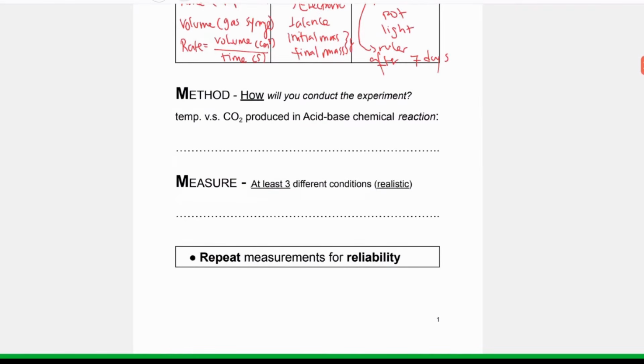Next section is the methodology, in which you'll talk about how to conduct the experiment. In this example, if we're looking at the effect of temperature on the volume of carbon dioxide produced in an acid-base reaction, such as the reaction between hydrochloric acid and calcium carbonate, you'll have an answer like this, where first we add the calcium carbonate to the hydrochloric acid in a conical flask.